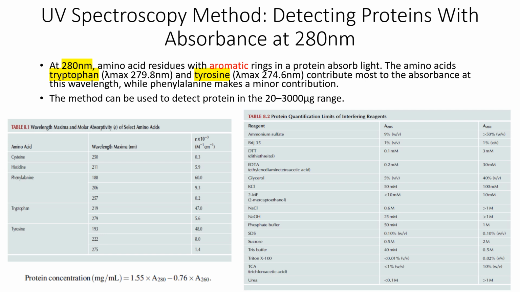So the 280 nanometer basically relies on the amino acid residues with aromatic rings in the protein that can absorb the light.